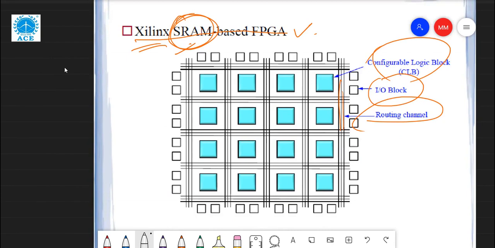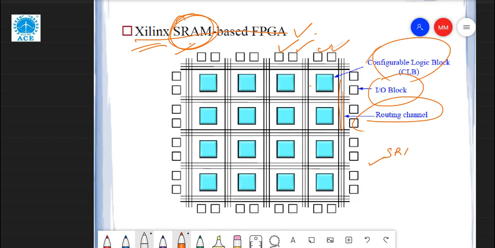This is the input output blocks, the IO blocks.